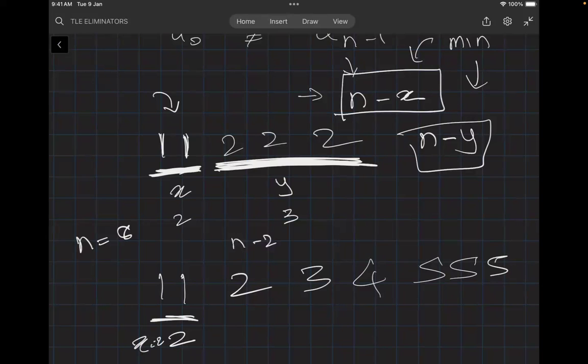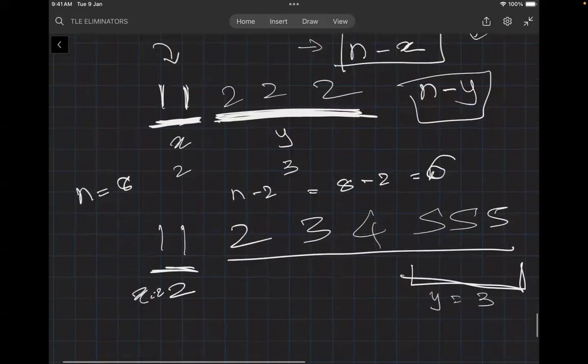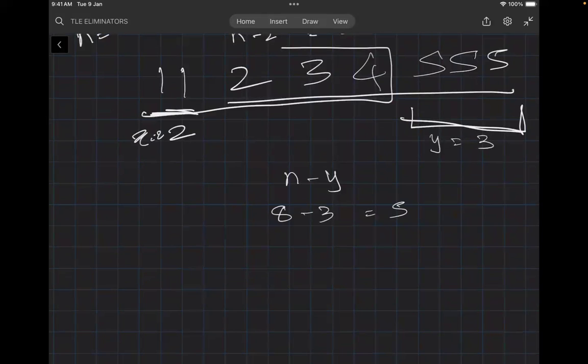It is n minus 2, which is 8 minus 2, which is 6. And if you see, I'm changing 6 elements. But if I choose to make all elements equal to 5, y is equal to 3 here, because there are 3 equal elements in the suffix. So what is the cost? It is n minus y, which is 8 minus 3, which is 5. And if you see, I'm changing 5 elements equal to 5. Does it make sense now?